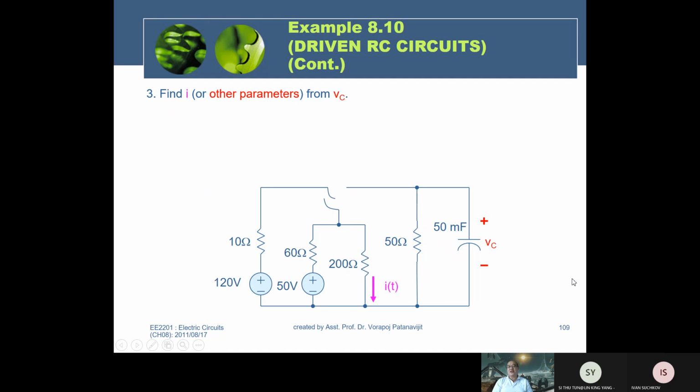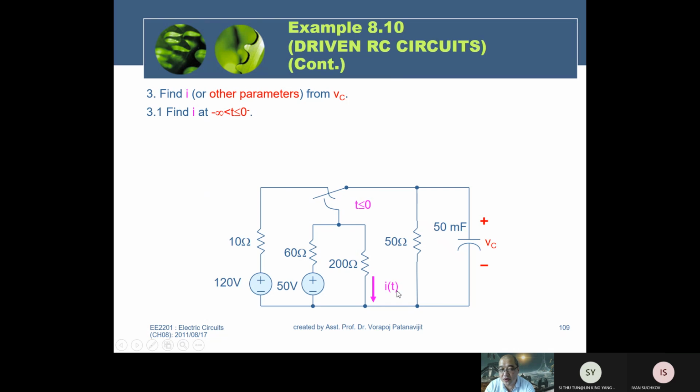Next one. The question asks you for the current flow in the 200 ohm. In this case, for time less than 0, you must determine each time. You determine the current in the form of VC if it's possible. But for time less than 0, the switch is placed in the top position.